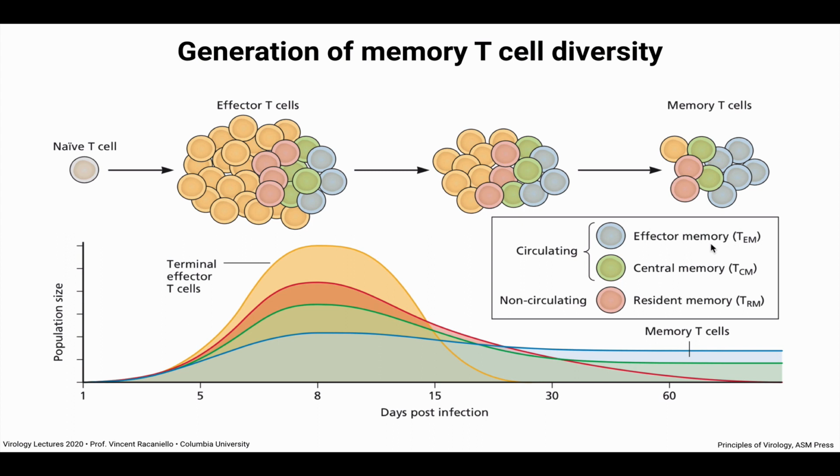For example, the effector memory are found in various tissues and the peripheral circulation. The central memory are found in lymph nodes and peripheral circulation. So these are what persist at a very low level in the blood. They weren't there before the infection. So now you have a T cell memory, which can be amplified very quickly when you encounter another of the same virus that's specific for these T cells.